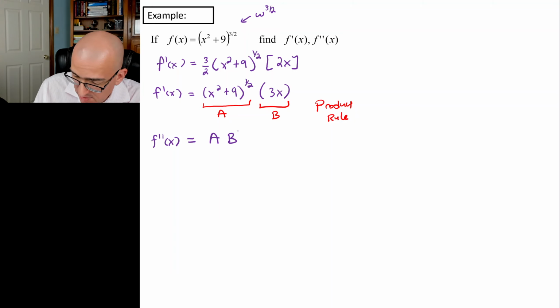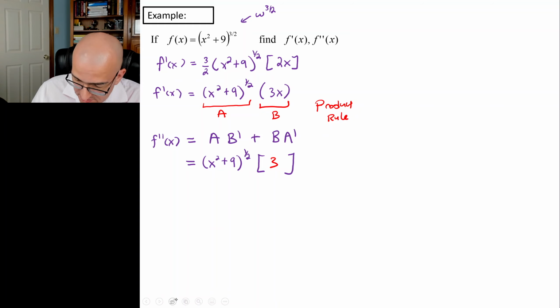So a times b prime plus b times a prime. So a is x squared plus 9 to the power 1/2. I'll leave a spot for b prime. The derivative of 3x is 3, plus b, so 3x.